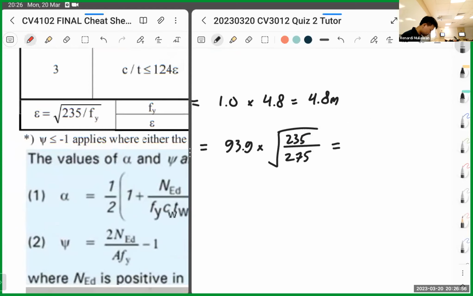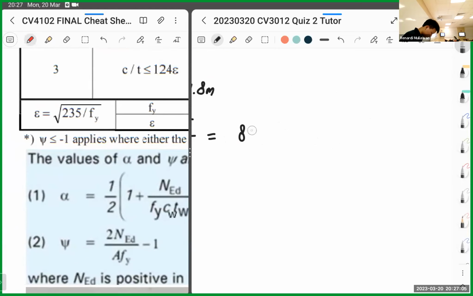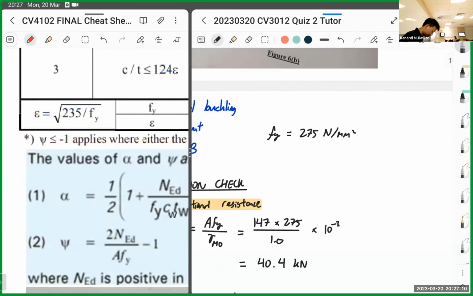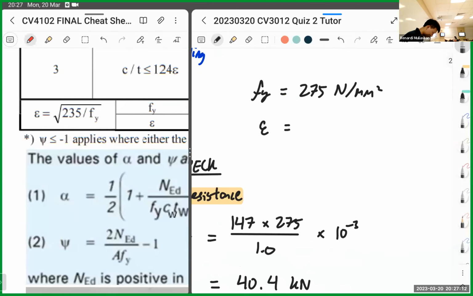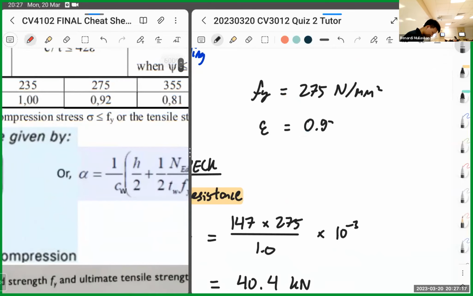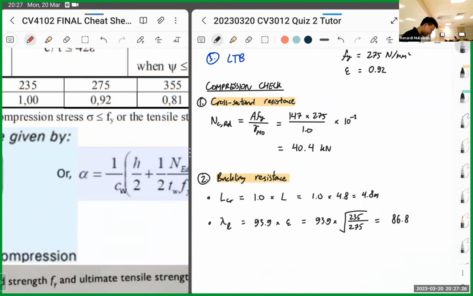So that's 86.8. I hope you all get the same number. Actually, I should put it up here as well. 0.92. Best practice is always to list out the properties of the cross section. I'm a bit too lazy today.